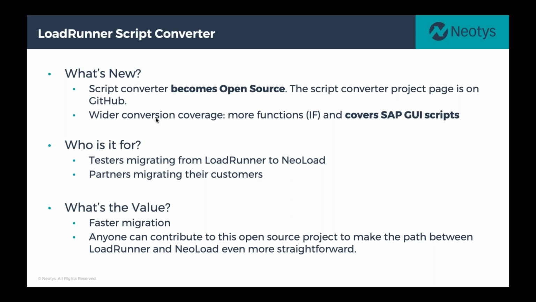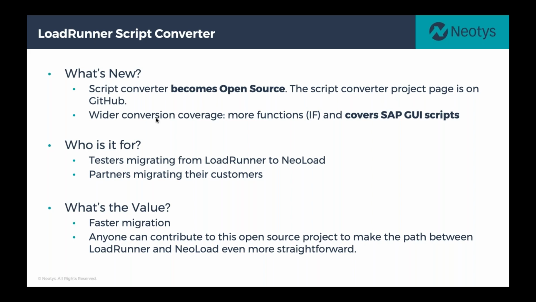When we talk about the LoadRunner script converter, let me back up a hair and talk about the fact that we've made our script converter open source now. That's really cool because now teams can access the script converter off of GitHub and customize it the way they want to. In there, of course, is all the stuff that we've designed.